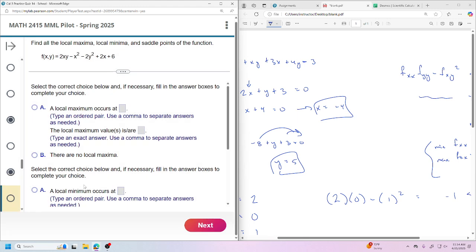Everyone's happy. Okay, same stuff. Min, max, or saddle? Maximum. Good. This guy would be a minimum. Yes. This minus just means it's shifted into quadrant, or octant, 1, I suppose.